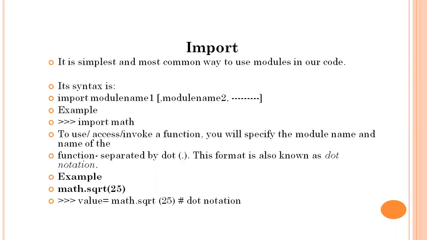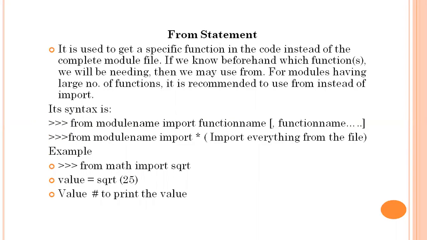For example, if I say import math, that means I can use the functions that are defined within the math library in our program. For example, math.sqrt(25) will calculate the square root of 25 using the math library, and the value will be 5.